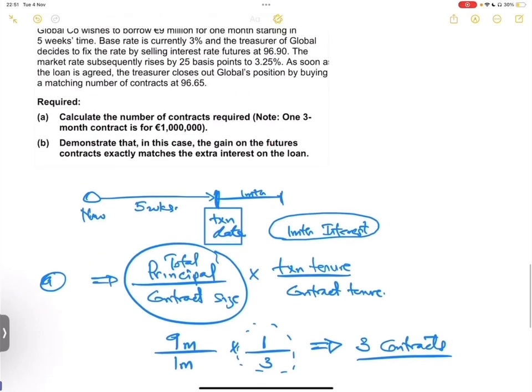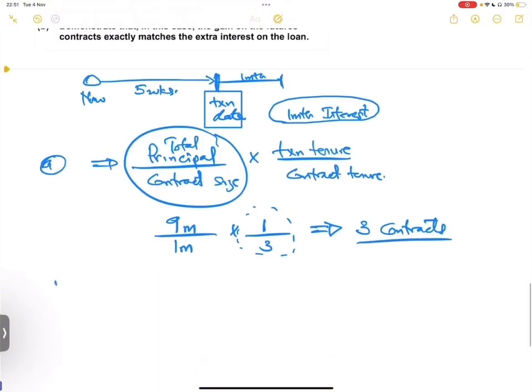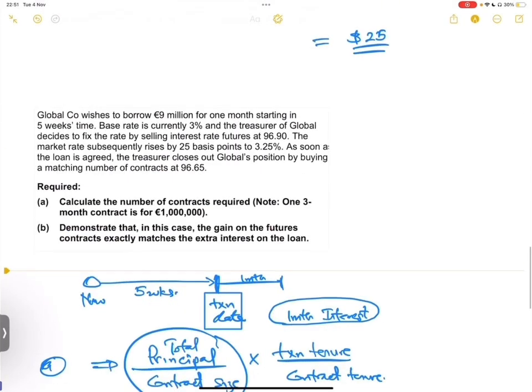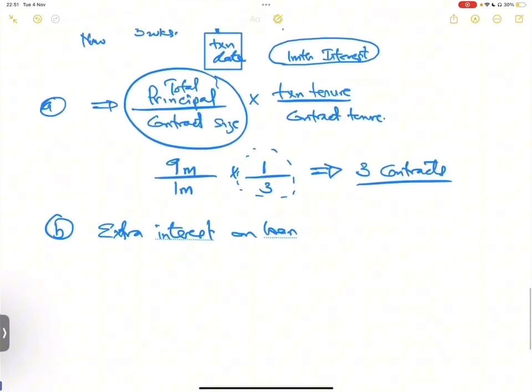Good. Now, we should demonstrate that in this case, the gain on the futures will match the extra interest on the loan. First of all, what is the extra interest on the loan? Let's try and look at that, because that is actually the risk, the problem. The interest rate has gone up by 25 basis points, and the loan is for 9 million.